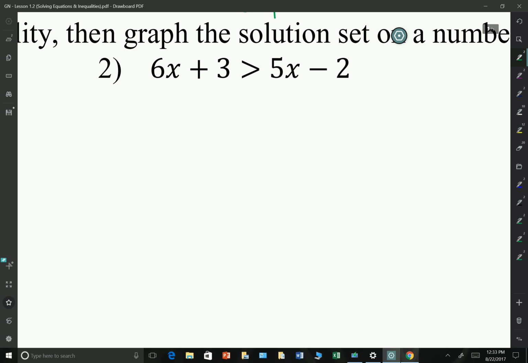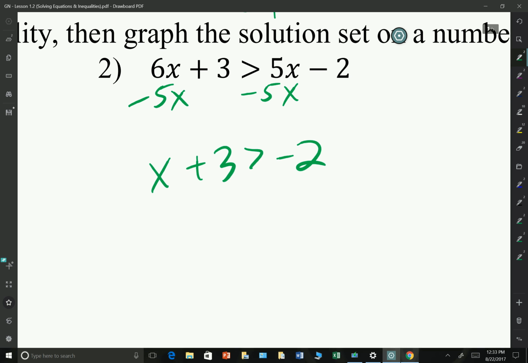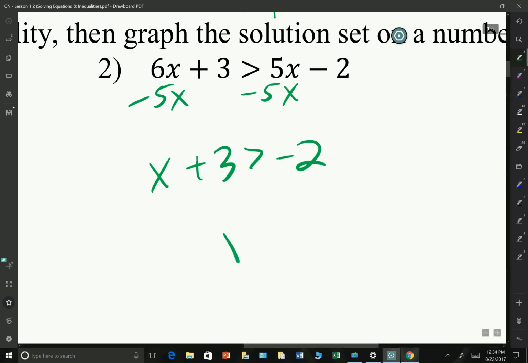Joseph? Subtract the 5x. Get the variables on one side. So x plus 3 is greater than negative 2. Keep going. Subtract the 3. x is greater than negative 5.